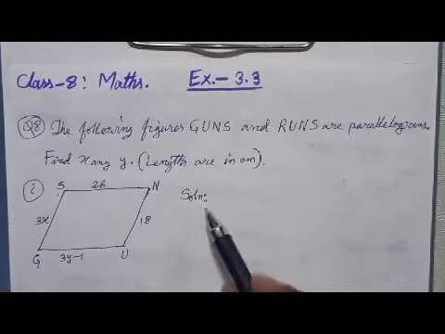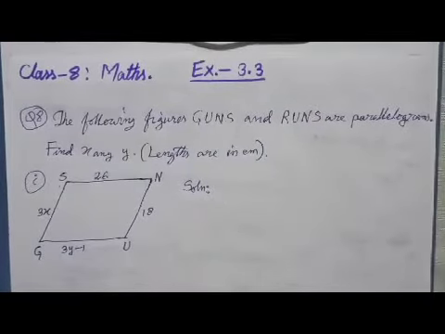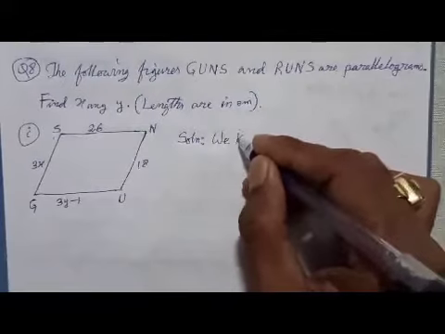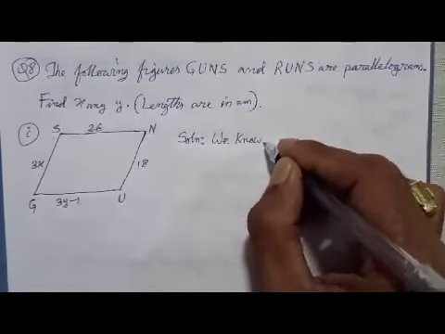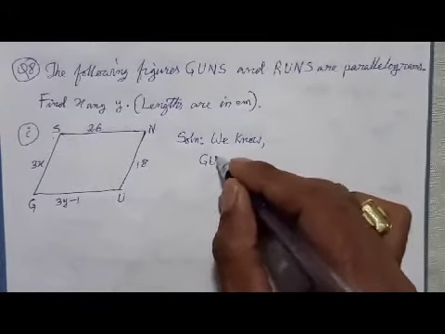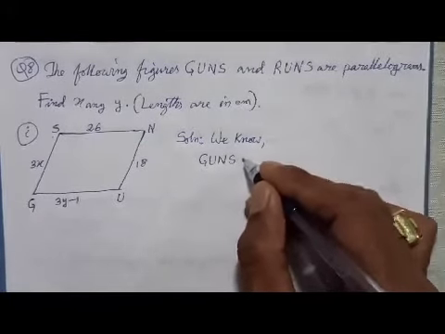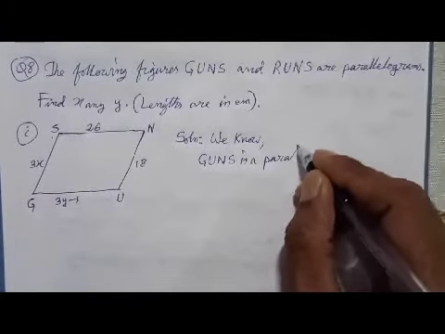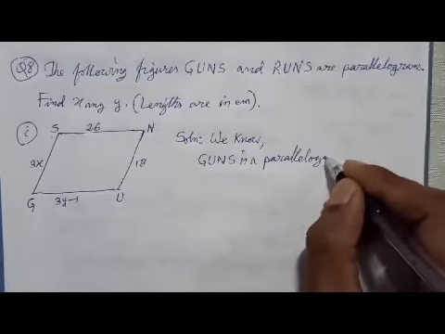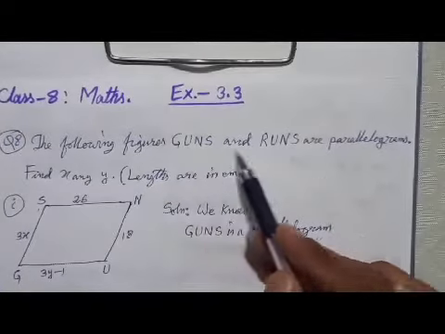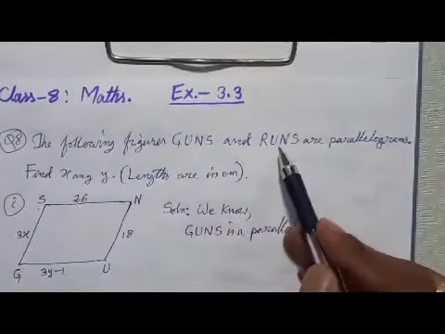Okay, now let us solve this question. Now solution. We know GUNS is a parallelogram. Here it is given that GUNS and RUNS are parallelograms.